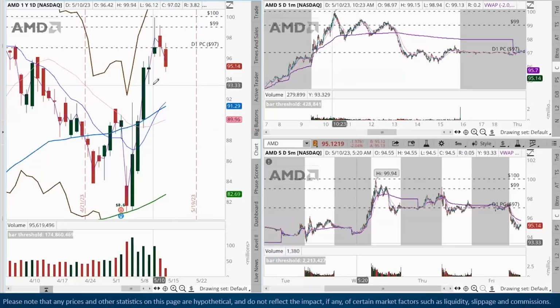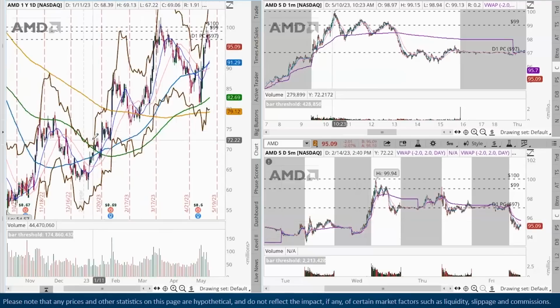All right, so the first trade that I wanted to go over is a mean reversion trade in AMD, which is one of the setups that we haven't talked about yet on this bar by bar series. Basically, I'm looking for a stock to be overextended to the upside. And how do I define that? Well, you can see these brown bands on my daily chart here. Basically what they do is they measure a 4 ATR move from a 5-day low or a 5-day high.